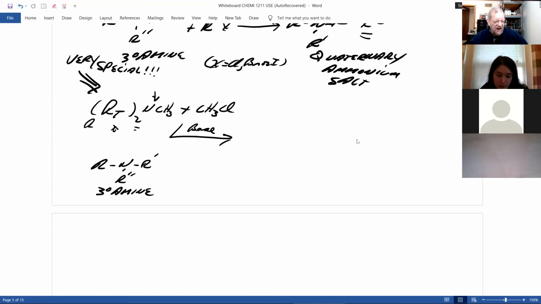So I can call this R and R prime, and I'll call that R double prime. And then I come over here and say, ooh, methyl group with a chlorine, alkyl halide. In the presence of base, I'll make a quaternary ammonium salt.